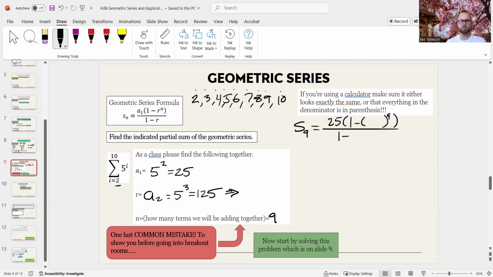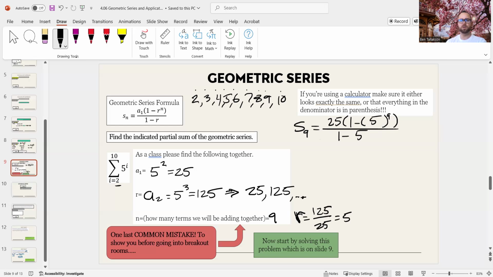Okay, I have a sub 1 of 25, then I have a sub 2 of 125. We don't know the rest. We don't need to know the rest of the numbers. We just use our ratio formula. R is 125 divided by 25, which is 5. That was a crucial part that was missed.